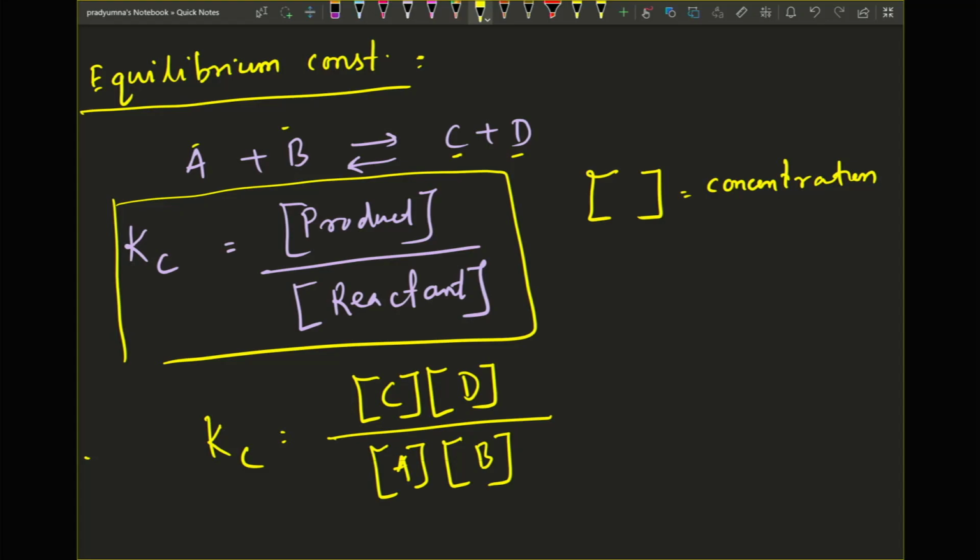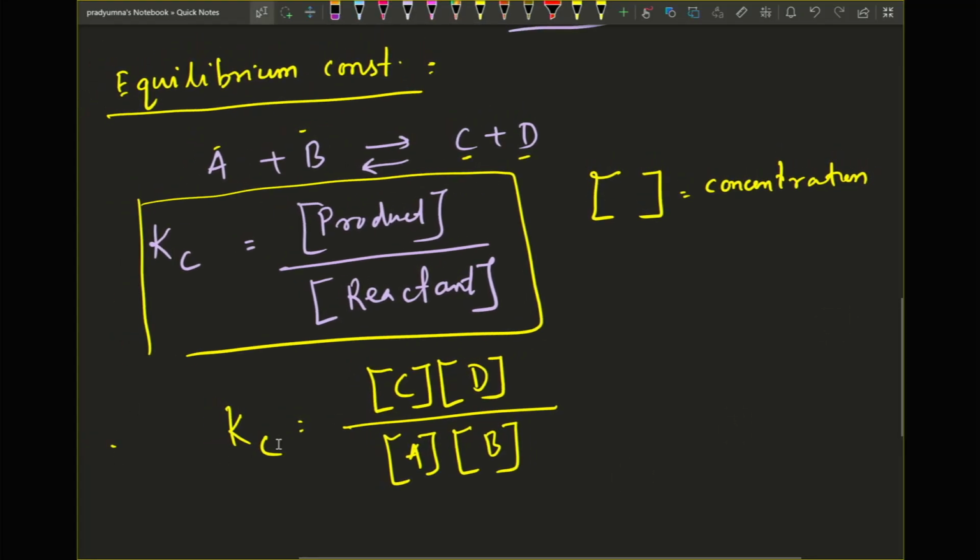So that's a simple equilibrium constant calculation. If I know the concentration of C, the concentration of D, and A and B, I can find out my equilibrium constant. So this is our equilibrium constant. This is a simpler way to explain.